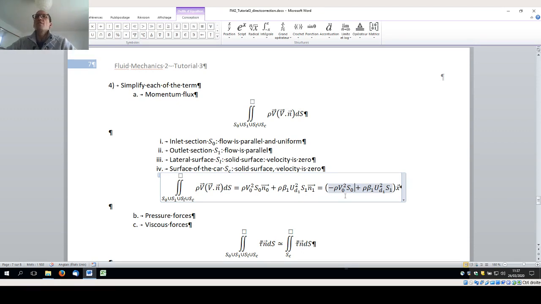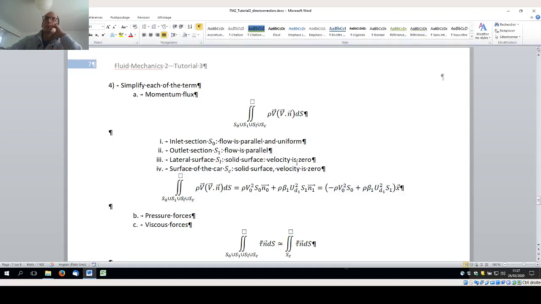The inlet gives you a negative contribution and the outlet gives you a positive contribution.